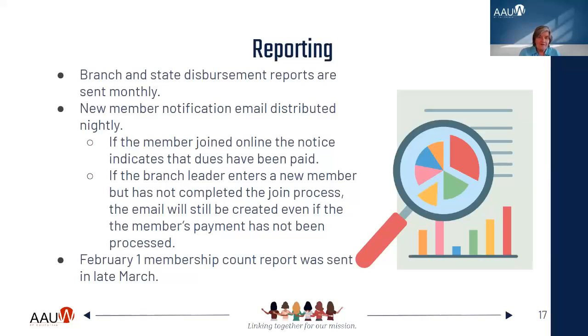Remember that if you have entered a new member, but you haven't joined the member, then you still will get a notice, but the membership has not yet been paid, so you'll want to follow up on that. In February, the membership count report as of February 1st was sent in late March, so that would give you a heads up on who needs to be renewed. And the next slide, please.